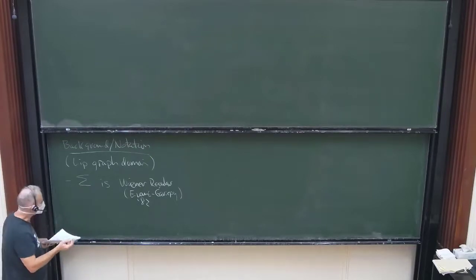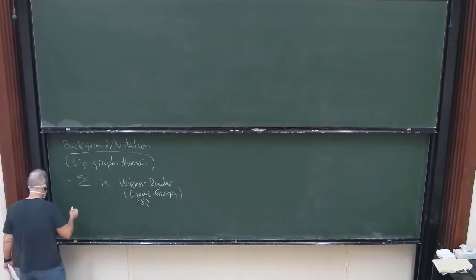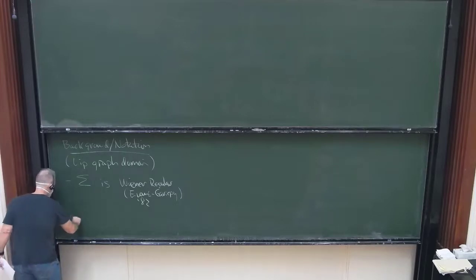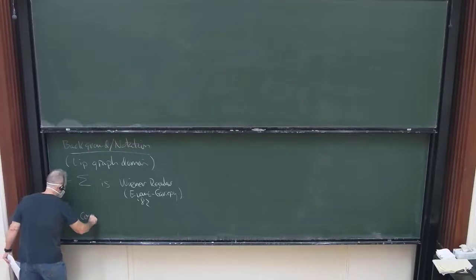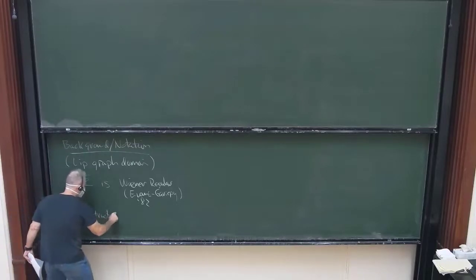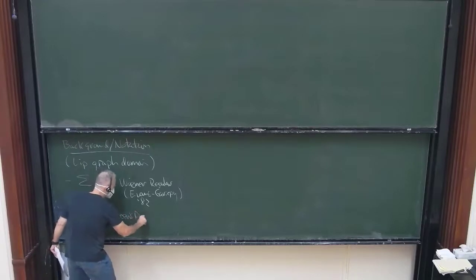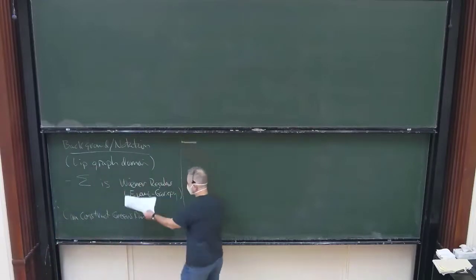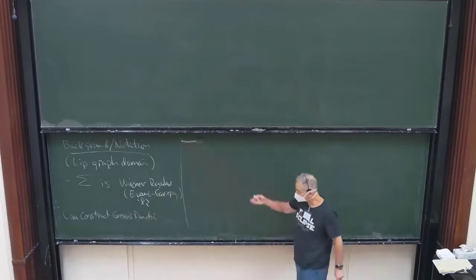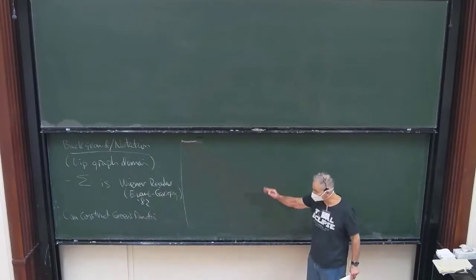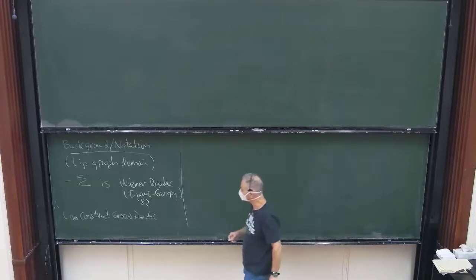Okay? So this means that, in particular, you can construct Green's function, and you can do that as follows, given this solvability with continuous data result that comes from Evans and Gariepy.